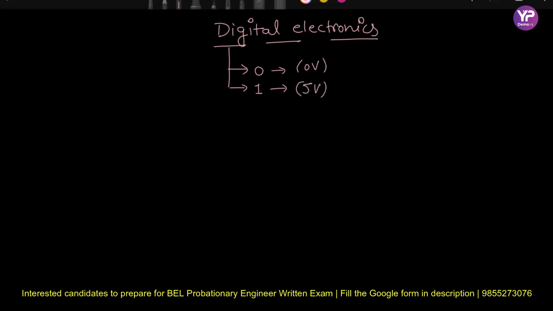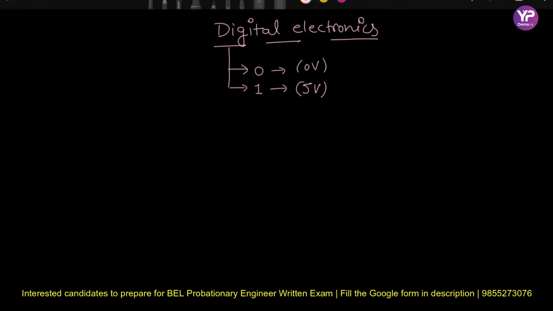So basically your computer will understand either it is 0 volt, because the voltage signal will travel through the computer systems, that there is no voltage. 1 means there will be 5 volt. So we will generally give the signals like this to your computer.